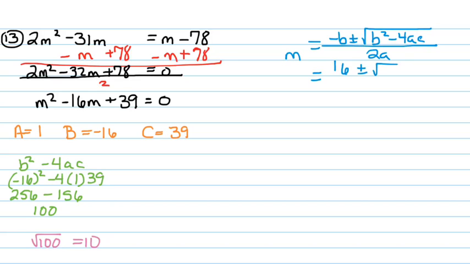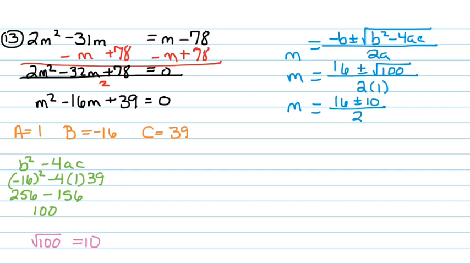Plus or minus the square root of 100, all divided by 2 times a, which is, in this case, 1. And so m is equal to positive 16 plus or minus 10, all divided by 2.